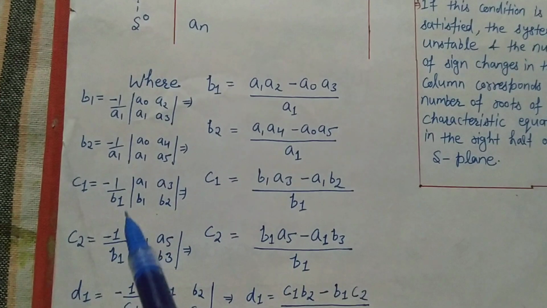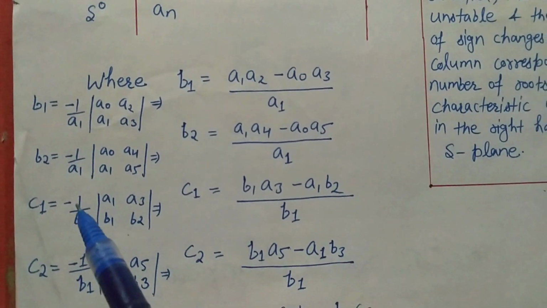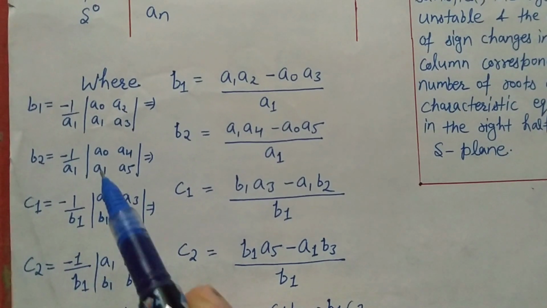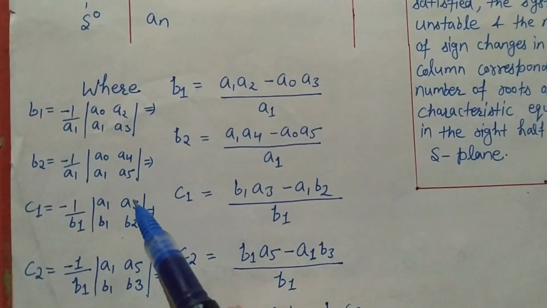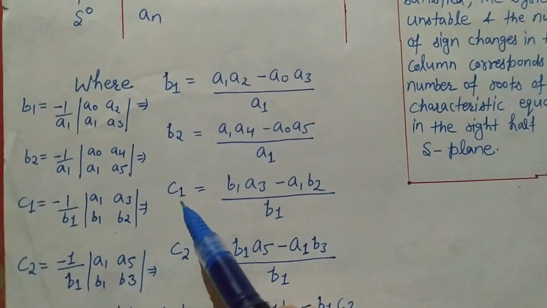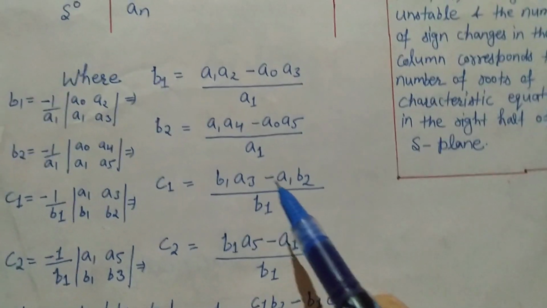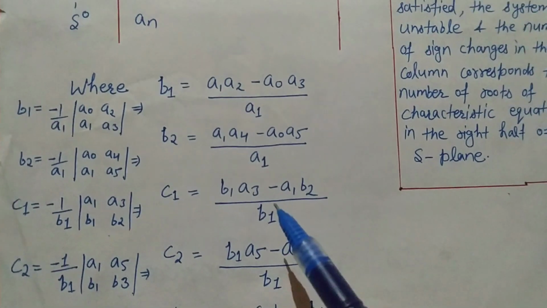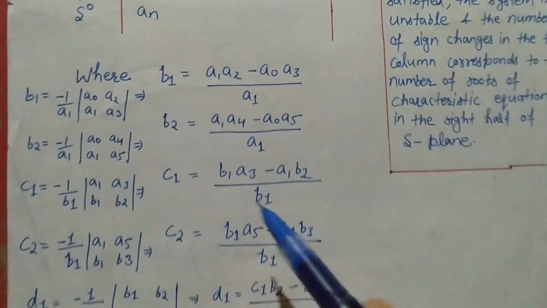Now to find out c1, we can write it as minus 1 upon b1 and determinant of a1, b1, a3, b2. Now we can write it as c1 is equal to (b1 a3 minus a1 b2) upon b1. This is the formula to find out c1.